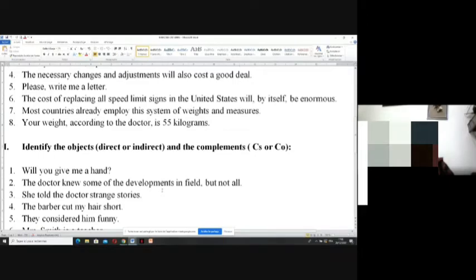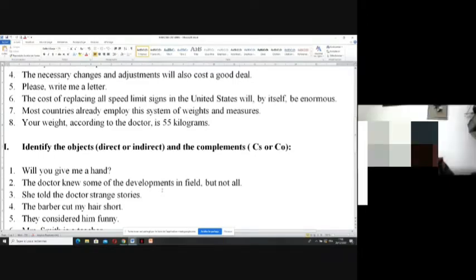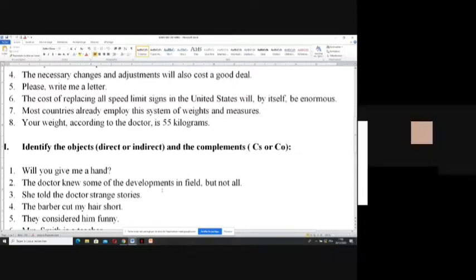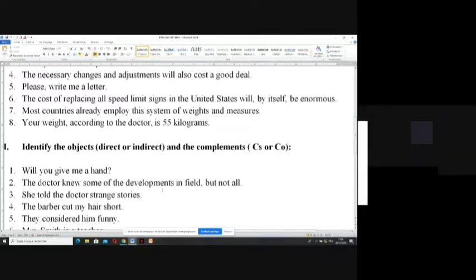Is it transitive, intransitive? It is transitive, and more specifically monotransitive, because it takes just one object. Good. Next, please, Zainab.